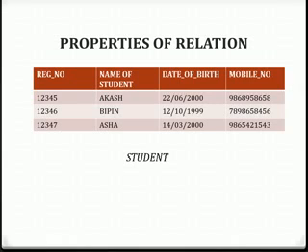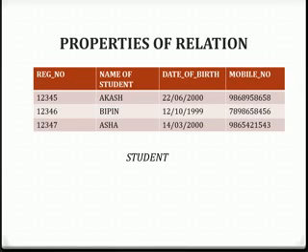There are 4 attributes: registration number, name of student, date of birth, mobile number. Then how many tuples are there? There are 3 tuples. Tuples mean the rows, and columns are the attributes. Each value in each cell is the domain.